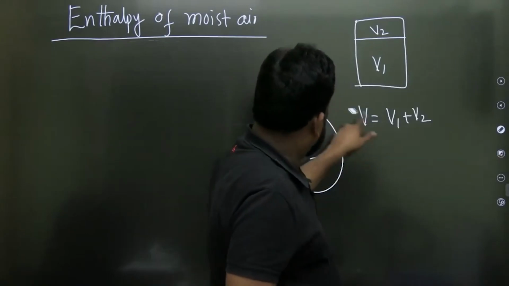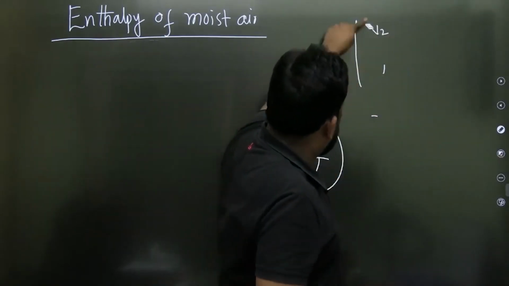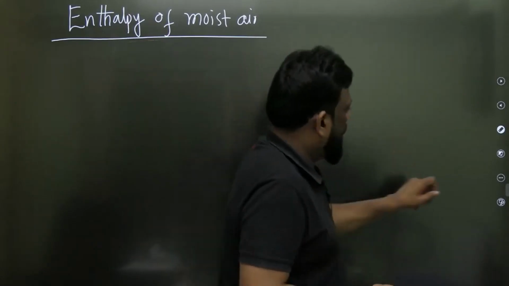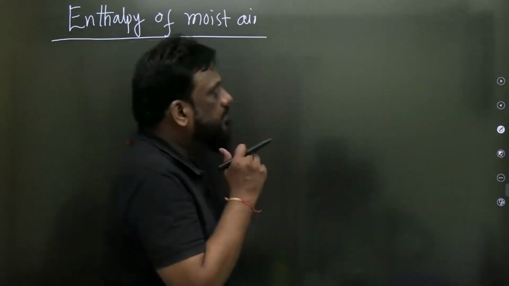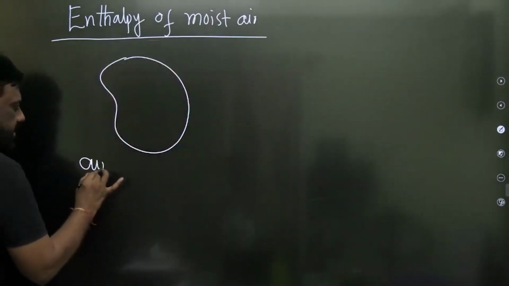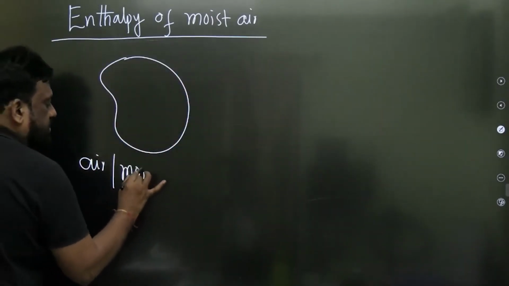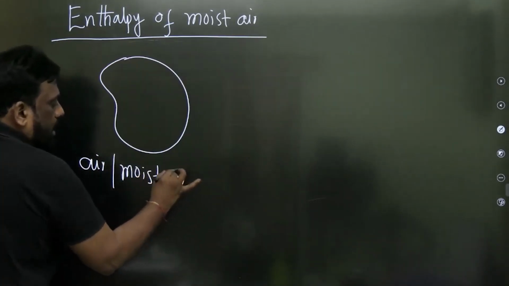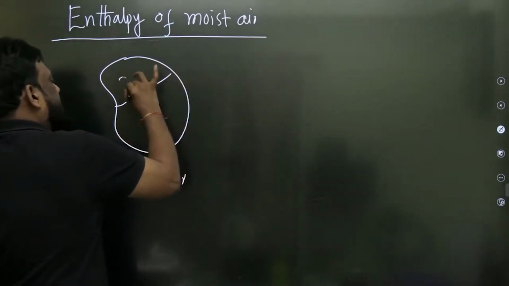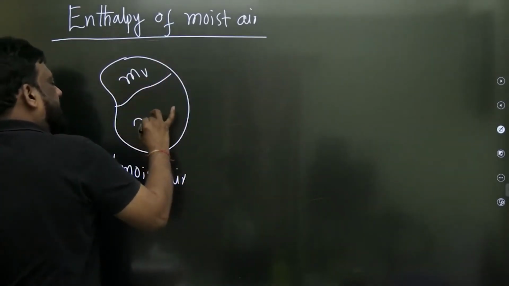अब देखो सर, बहुत इंटरेस्टिंगली देखेंगे हम. Let us take air. Whenever I say air, it is actually moist air. Means in that air you have dry air and water vapor. Let us assume that there is some mass of vapor and there is some dry air.